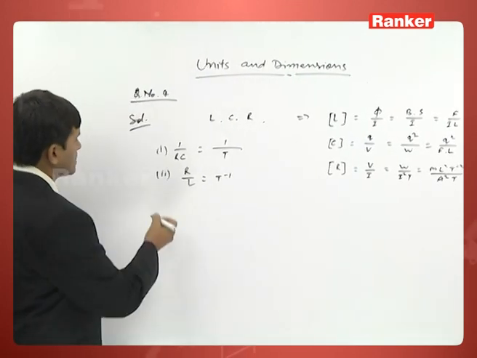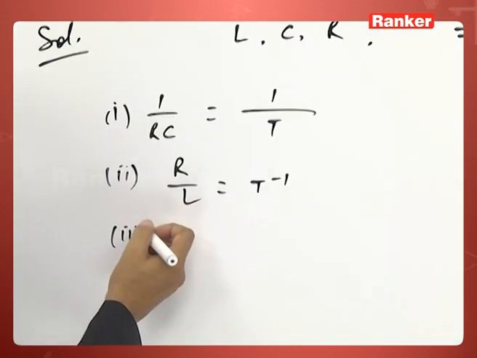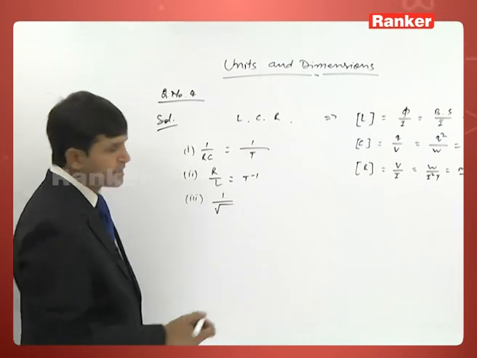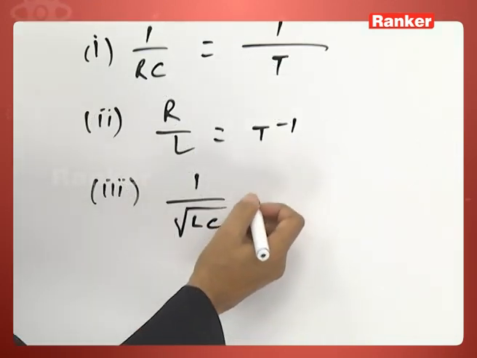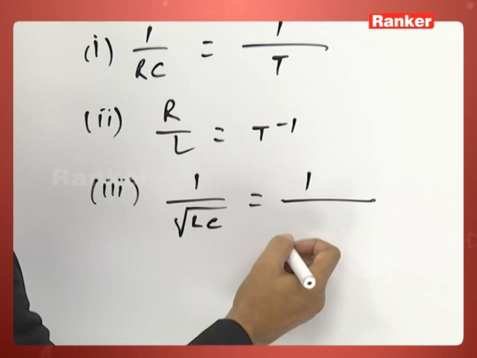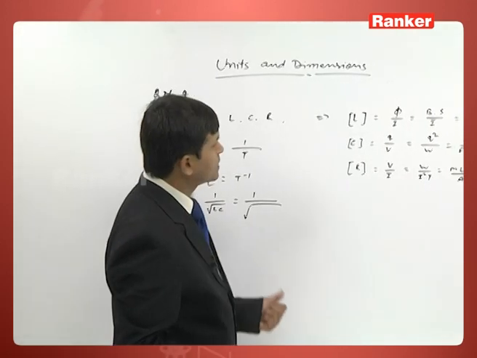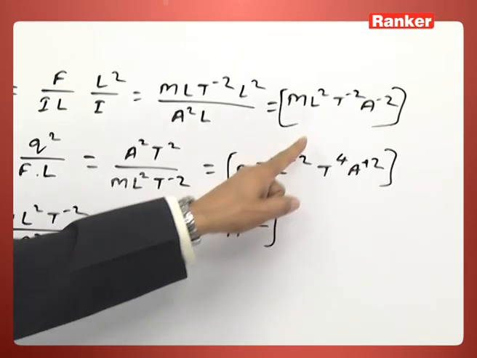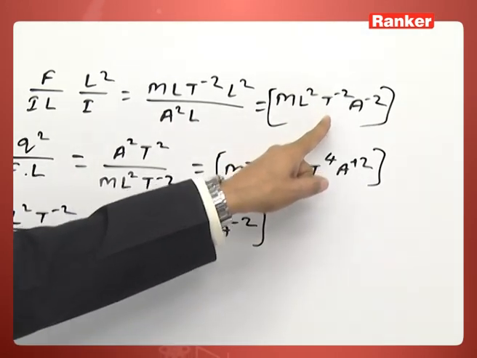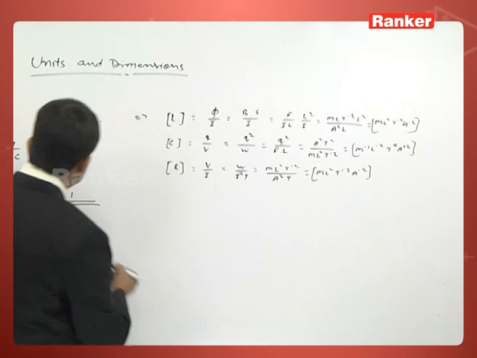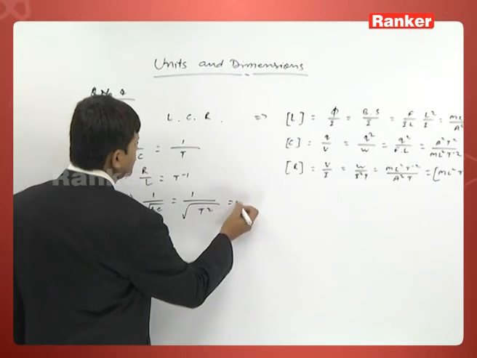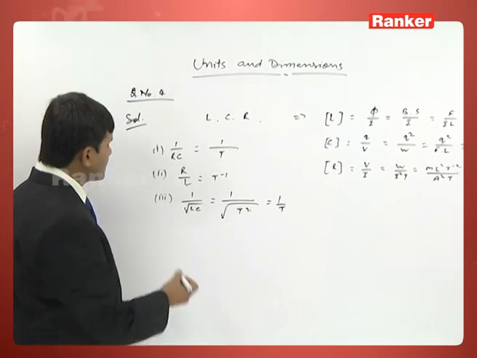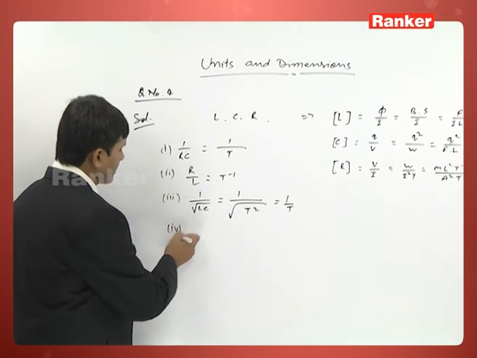Now we will see the third option, 1 by root over LC. When we look at the product of L into C, M cancels, L cancels, A cancels, T square is left only, and the root gives T. So all these three represent the dimension of frequency.